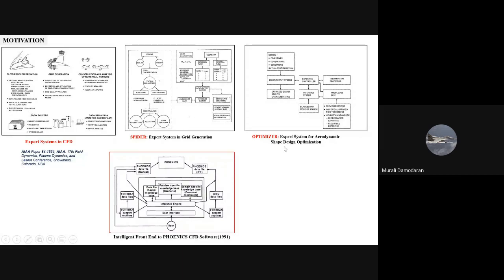So these are some basic things like a Spider expert system in grid generation, optimizer, and that all led to some intelligent front end to Phoenix CFD, which is basically the first commercial software written by Brian Spalding. And with that, this whole thing actually died. Expert system, that was the thinking at that time.